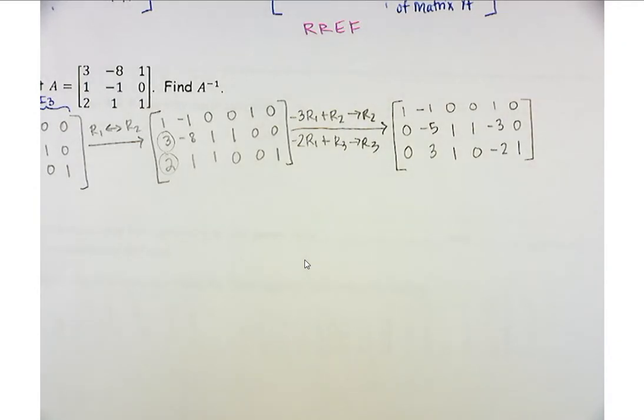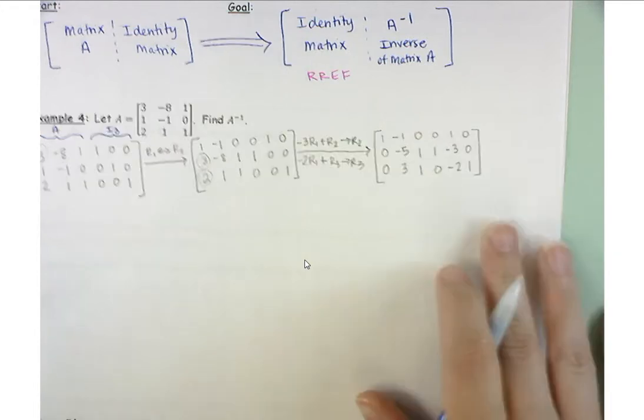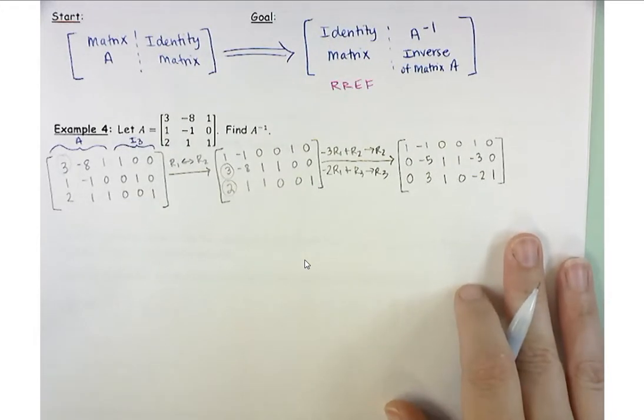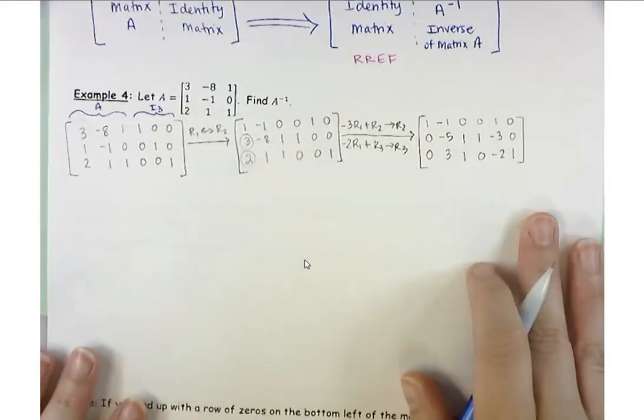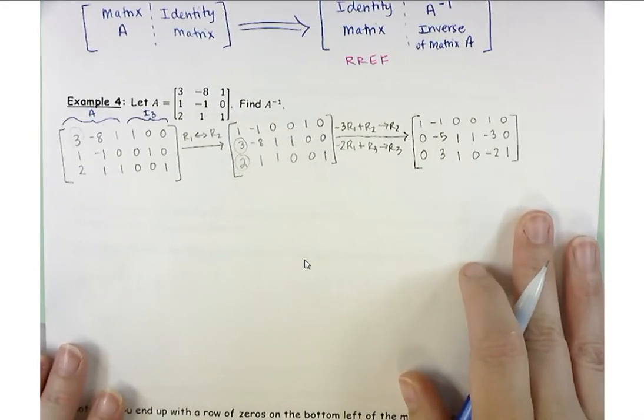Okay, so that should be the process that you're going through. Really, you just got to make sure that you concentrate as you're doing these, because it's going to be a small mistake that would mess you up.